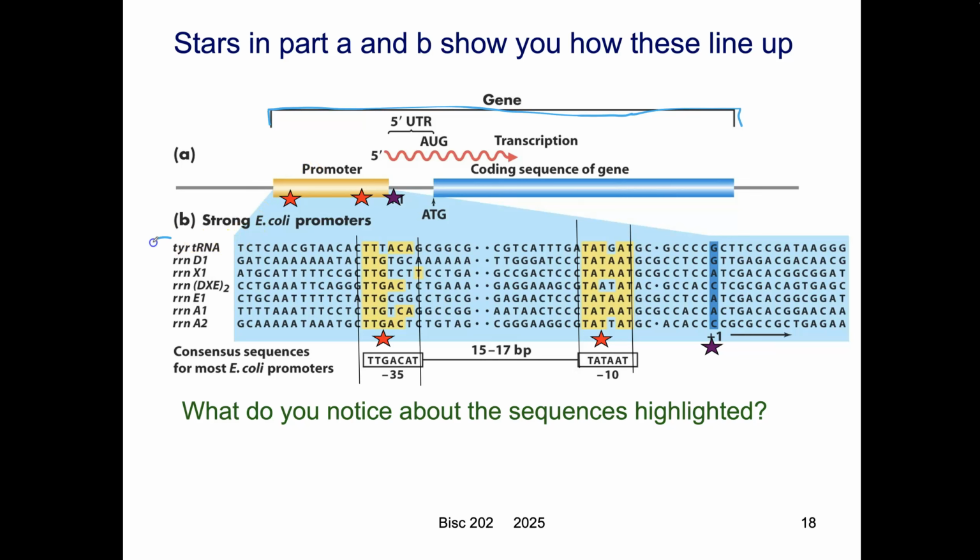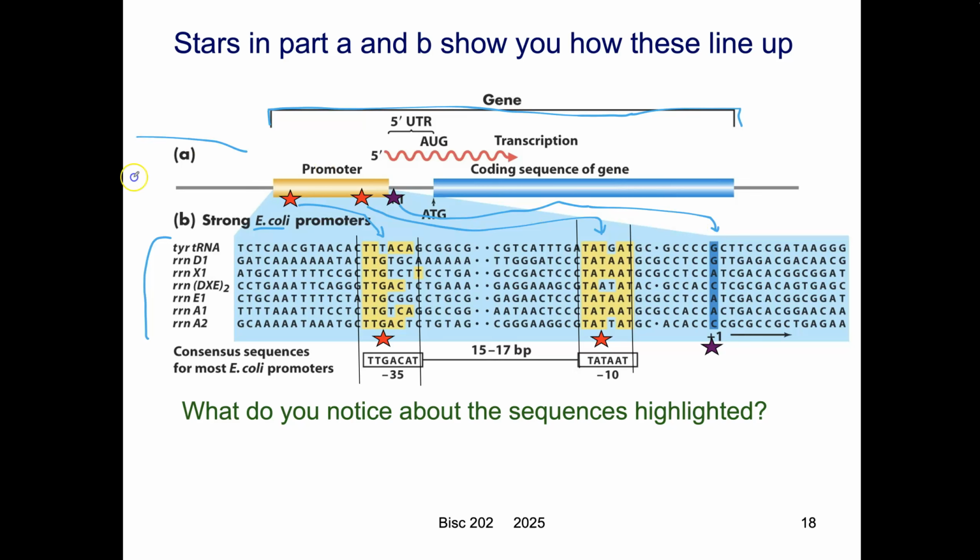So this is some sequence, and this is a few different genes, 7 different ones here from E. coli, which is a type of bacteria. And then the different stars that are shown up here on the schematic show you what they're referring to on the actual sequence. So you get a better sense of what we're really talking about.